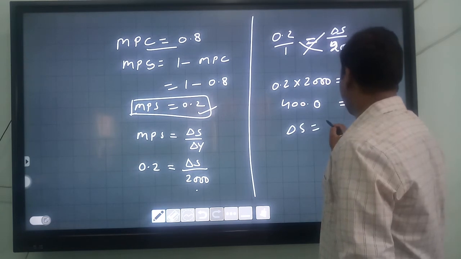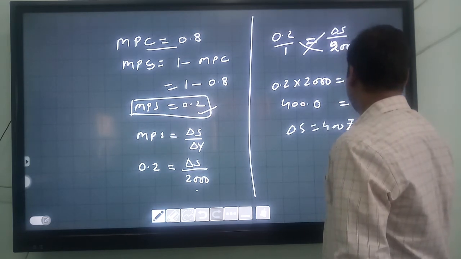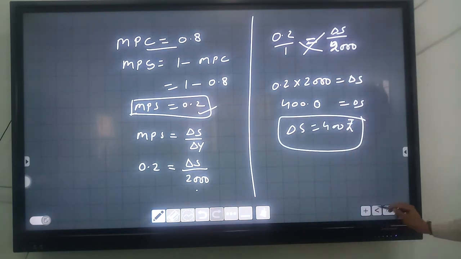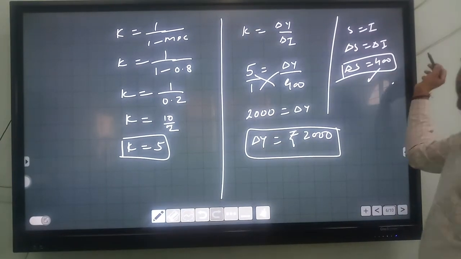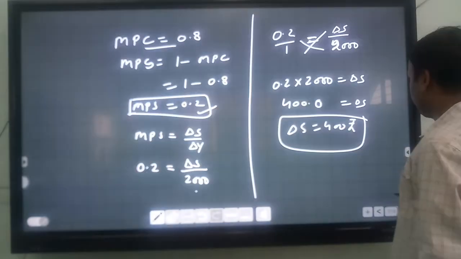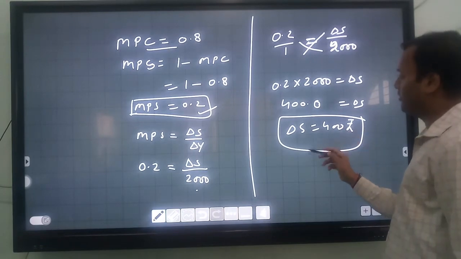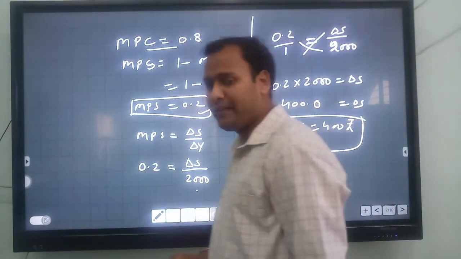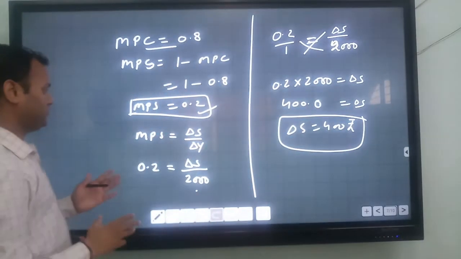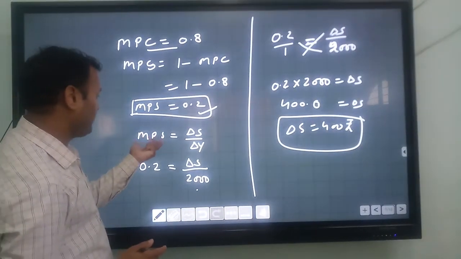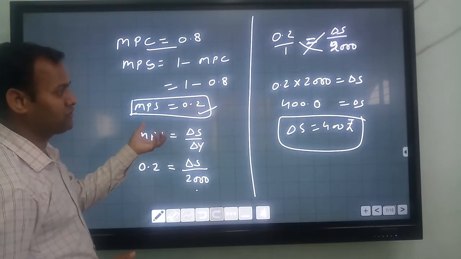So delta S is equal to 400. Okay. Here you can see that delta S is 400, and here also delta S is equal to 400 by using the formula.